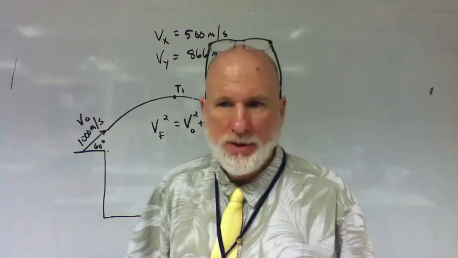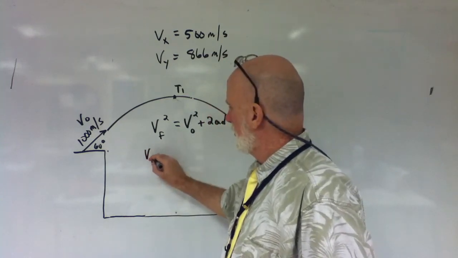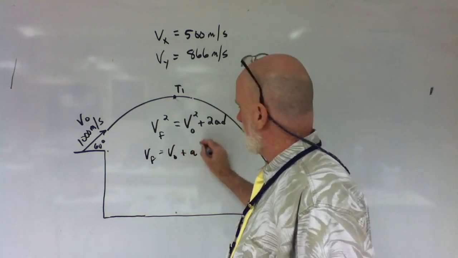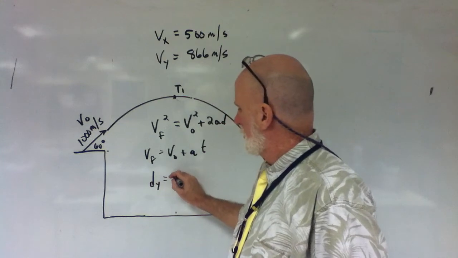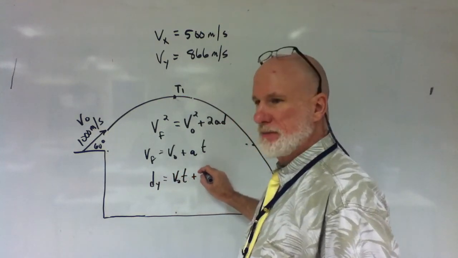Remember that? What's the other one? Vf equals V naught plus AT. And what's the other one? D equals V naught T1 plus half A T1 squared.